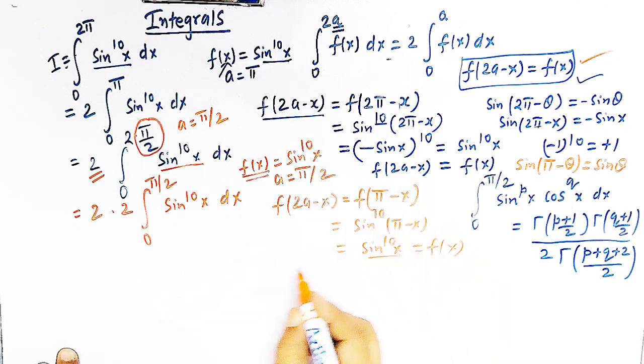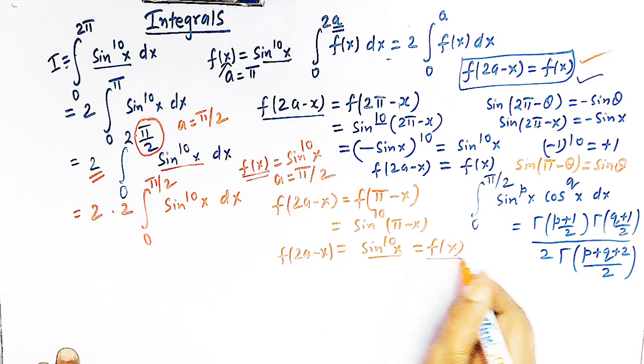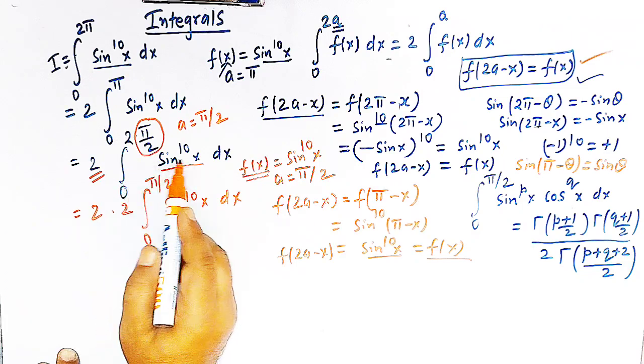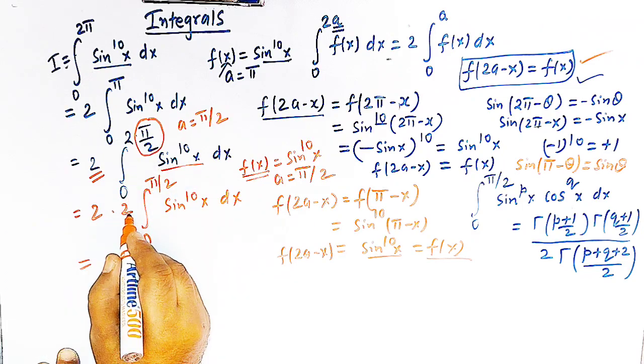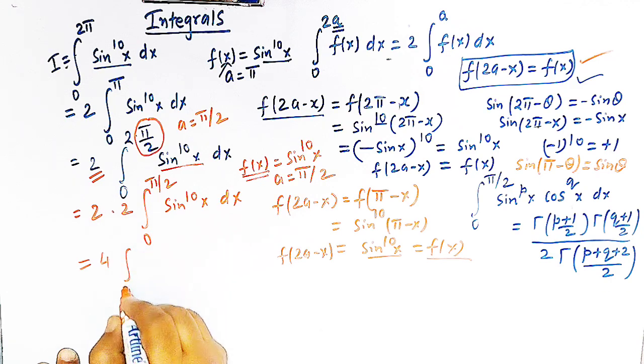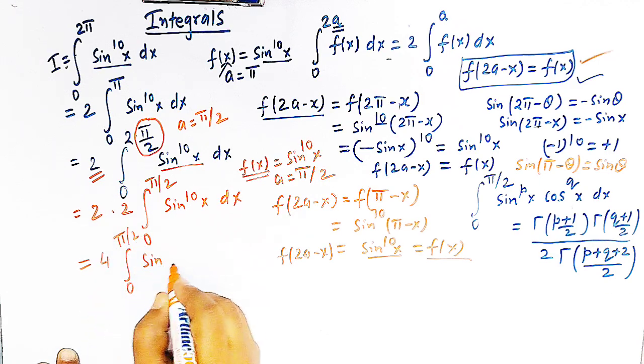So we have seen that f of 2a minus x is equal to f of x. So we can apply this property to this integral. So now here we have 2 times 2 is 4, and here we have the integral that is 0 to pi by 2 sine x raised to 10 and dx, right?